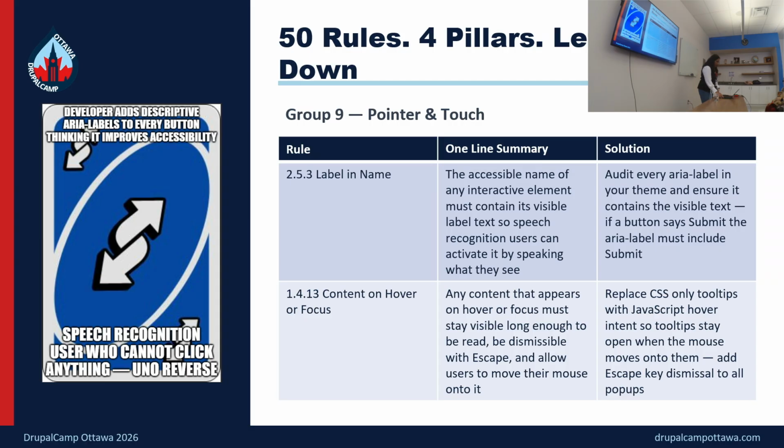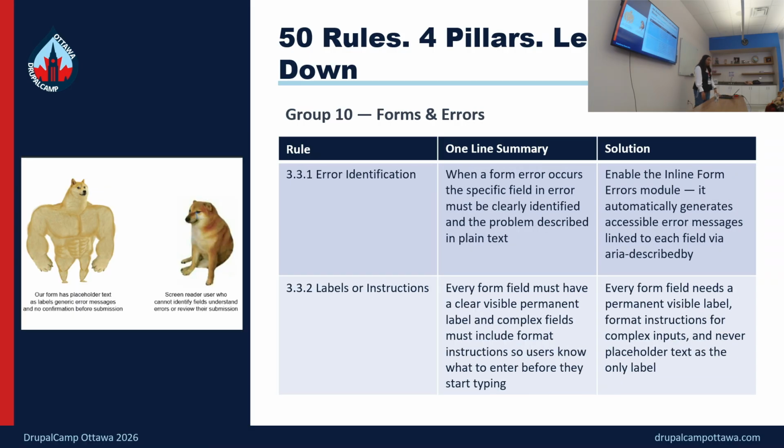Moving on to the next group, that is group 10, forms and errors. The first rule here is 3.3.1, error identification. So when a form error occurs, the error must clearly identify the specific field and the problem, and describe it in plain text.